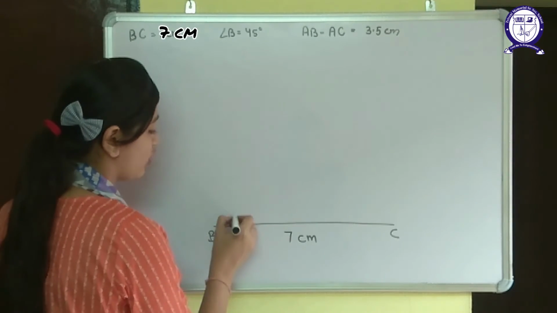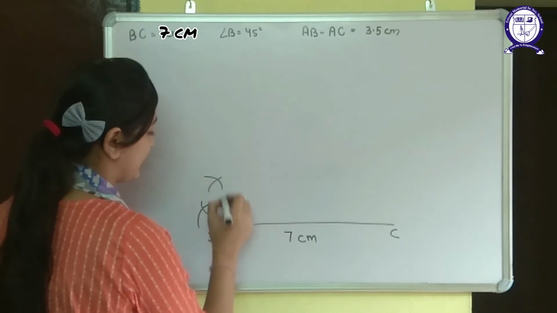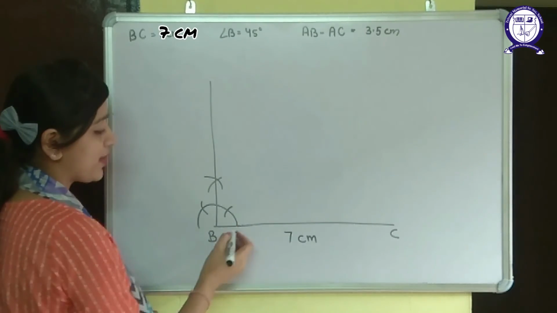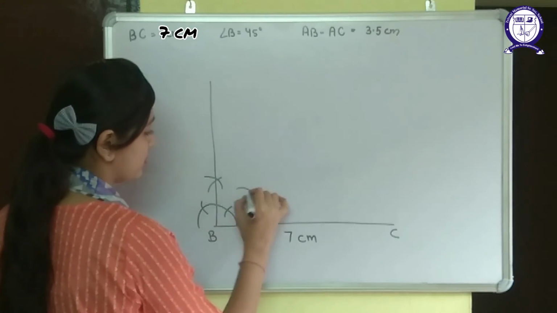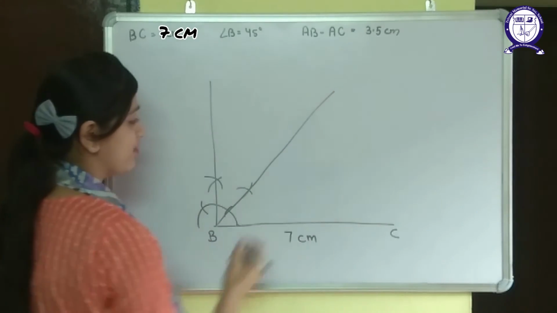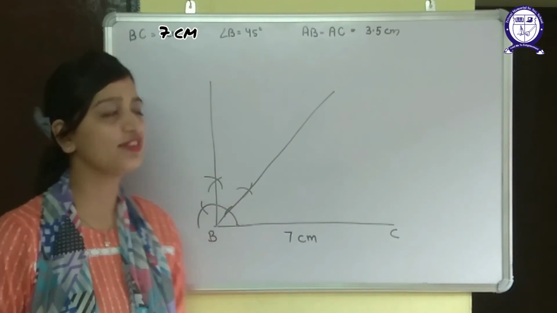That means first of all we will make the angles of 60, 120, 90 and then its bisector. How to make the bisector? Put your compass here and then here. This is my 45 degree angle.